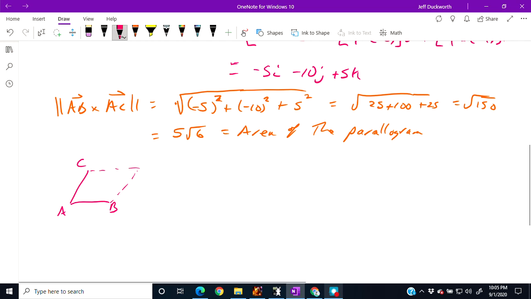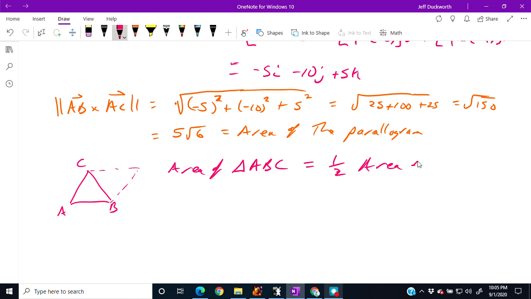So if I just bisect this, we should have halves. So the area of the triangle ABC should equal 1/2 the area of our parallelogram. That's 1/2 of 5 root 6, 5 root 6 over 2. So this should answer part B.